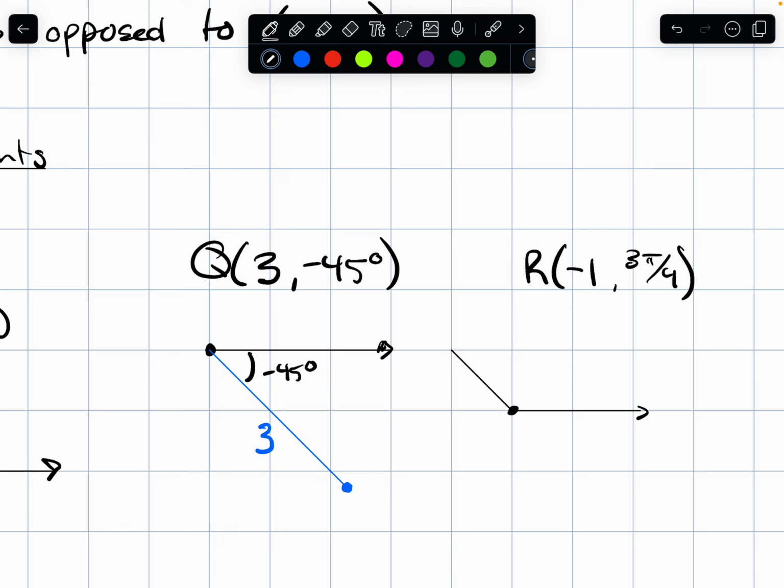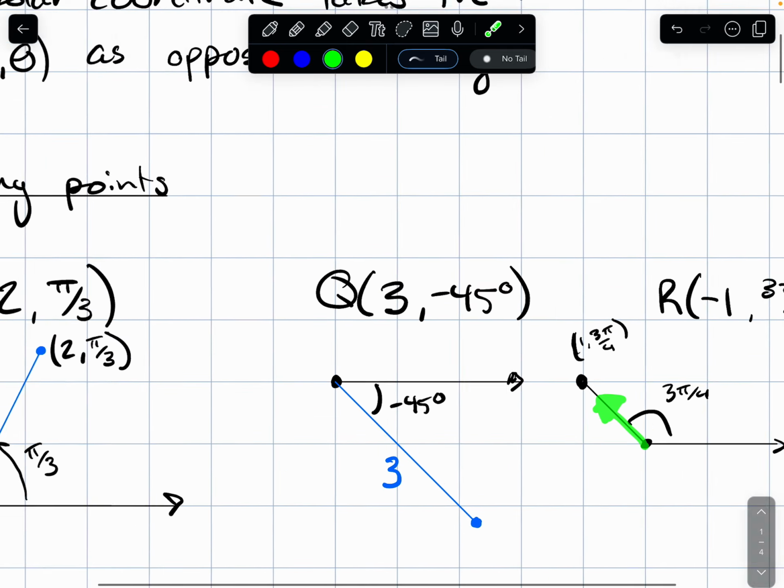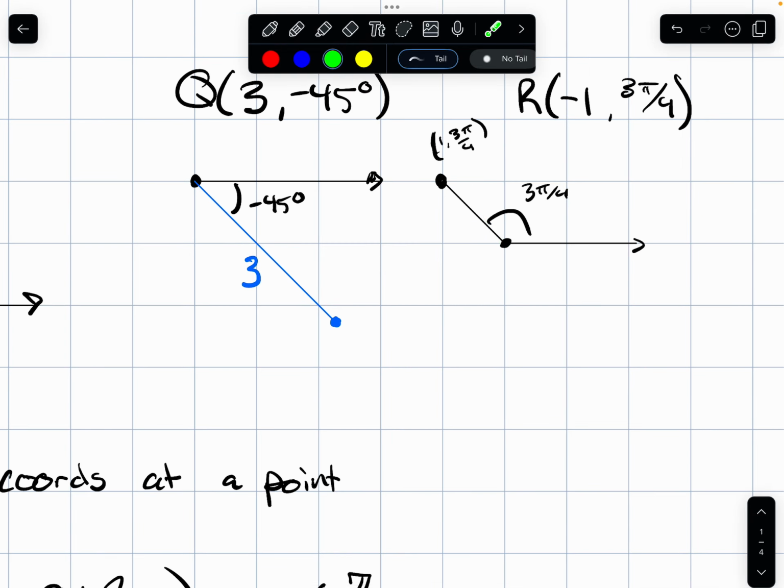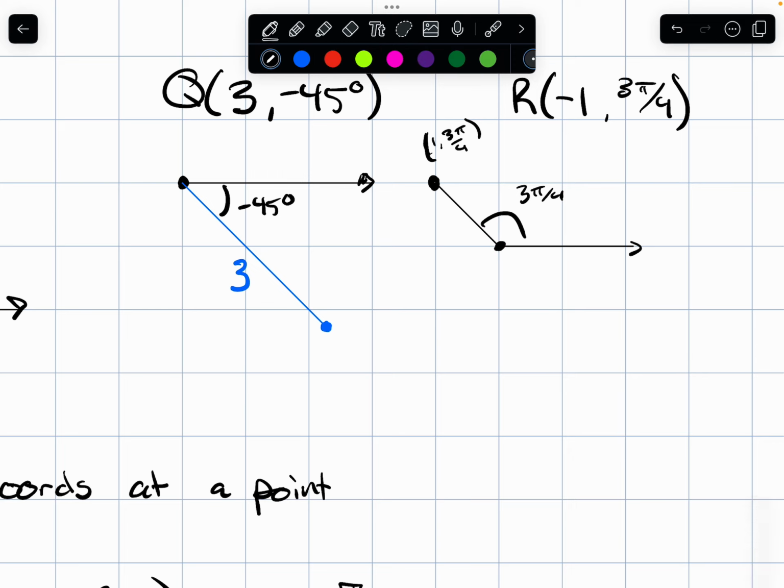So this dot here would be positive 1, 3 pi over 4. What negative 1 says is instead of going positive 1 out this way, where our angle is, I go the other way. I go this way.